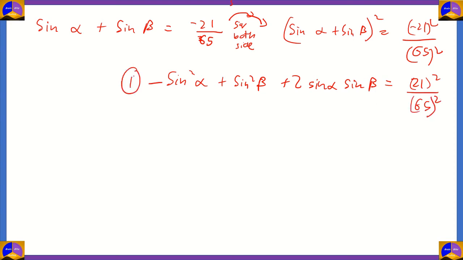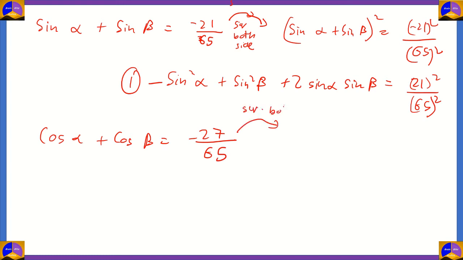This is equation 1. Now the other relation that was given was cos α + cos β is equal to −27 divided by 65. So again, we square both sides.